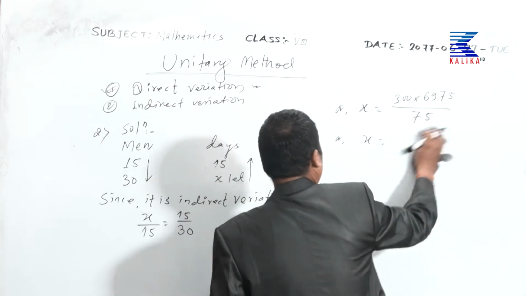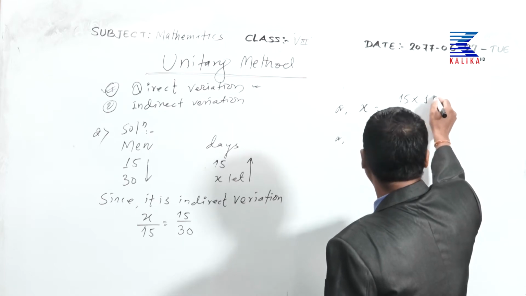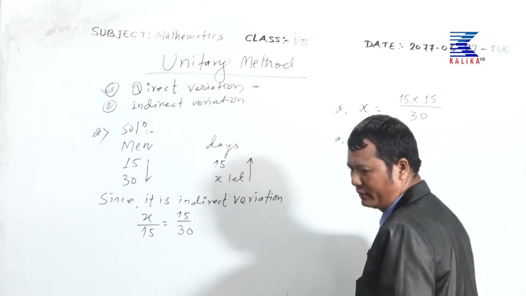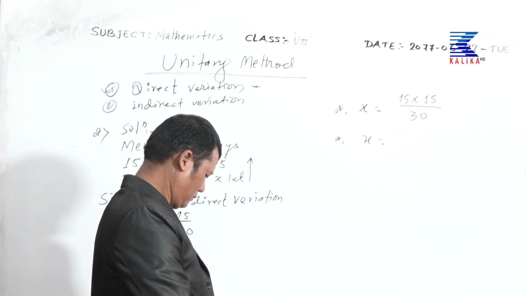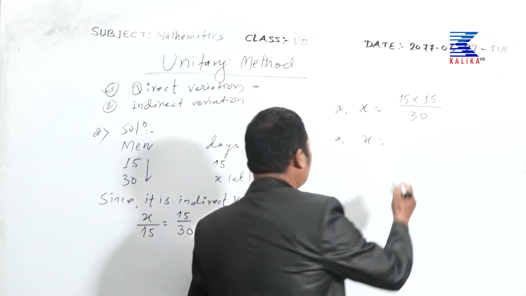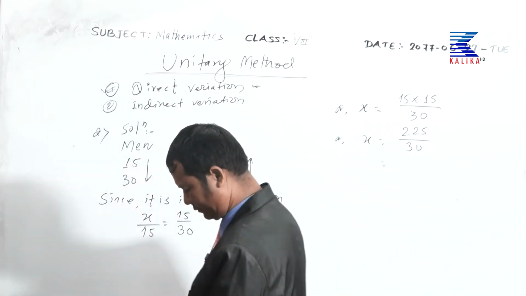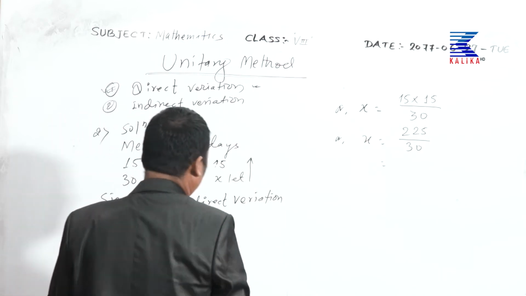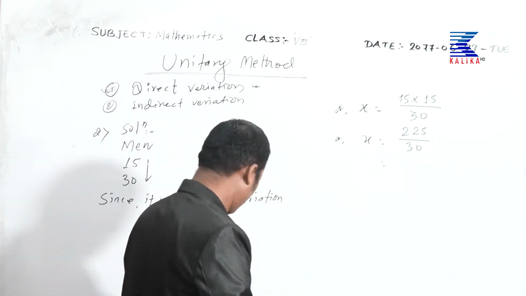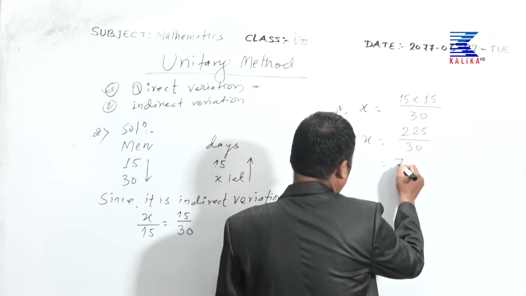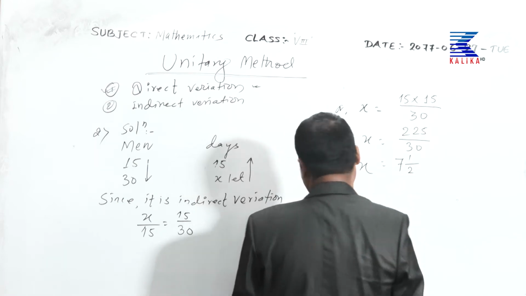Now x is equal to 15 into 15 upon 30. 15 15s are 225 upon 30. Please divide 225 by 30. It is 7.5, which means 7 whole 1 by 2 days.